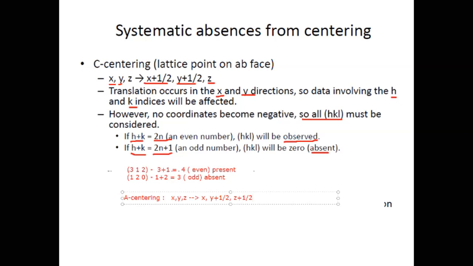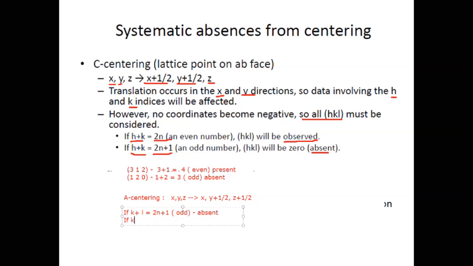So our systematic absence rule is if K plus L equals 2n plus 1, which is odd, it's absent because we translated along the Y and Z axes.